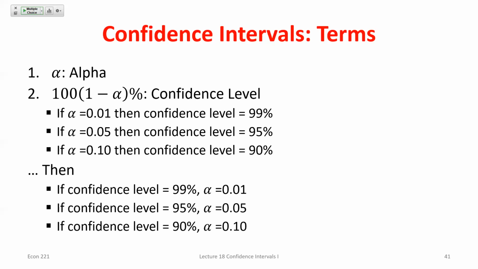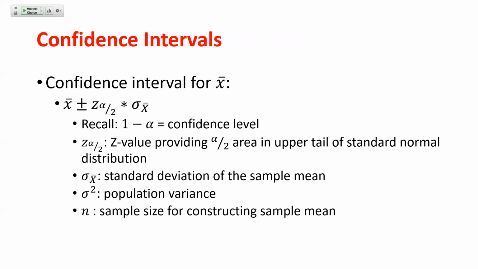So whatever my confidence level is, I can determine what alpha is. I can then look up alpha divided by 2 in that standard normal table. Now, when I look it up, that's the probability. So I'm looking at those numbers in the middle and then finding the corresponding z-score. So the form of our confidence interval is really just going to be: take my sample mean, add to it that z-score for alpha over 2 times whatever the standard deviation of my sample means is.